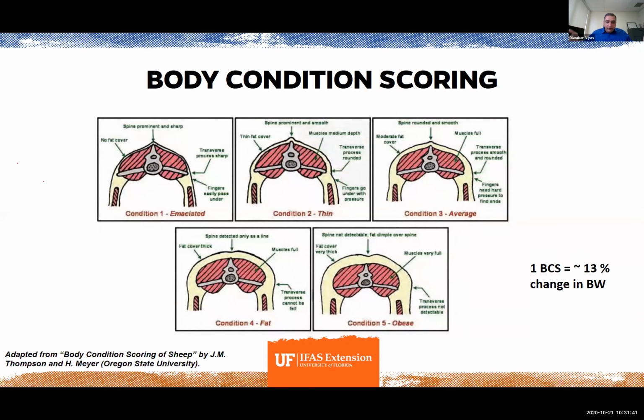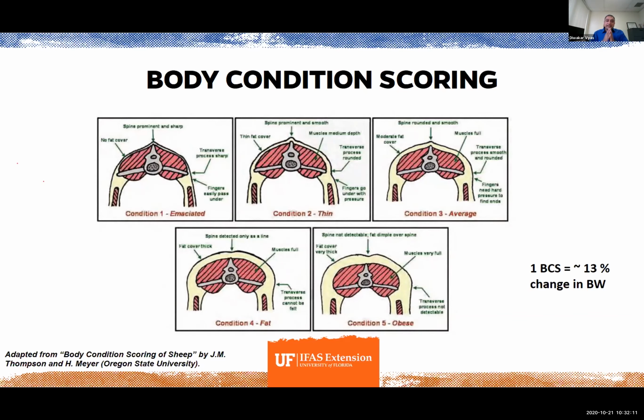On the side, if we just put our fingers and without any pressure, we can easily feel the transverse processes. There is no fat layer, and this is an emaciated condition. On the contrary, we go to obese, body condition score 5, we keep trying to feel these spine prominences, transverse processes, but we fail because the layer of fat is so thick. We do not want these animals at our dairy.